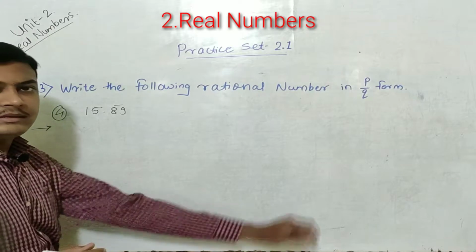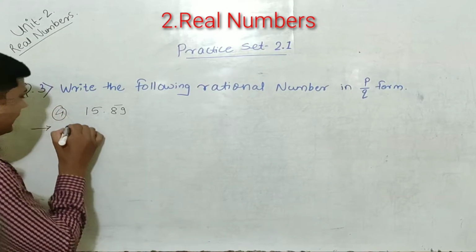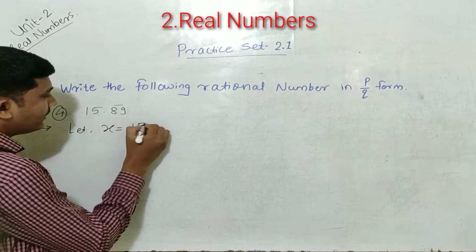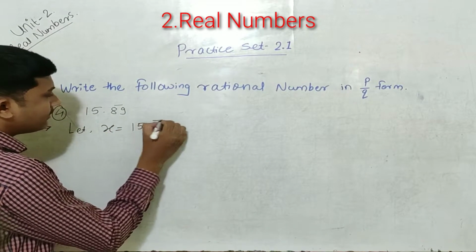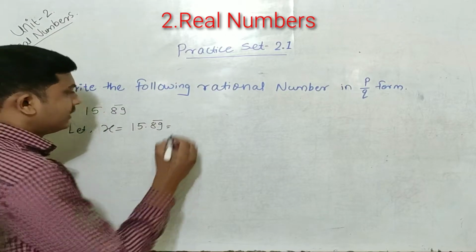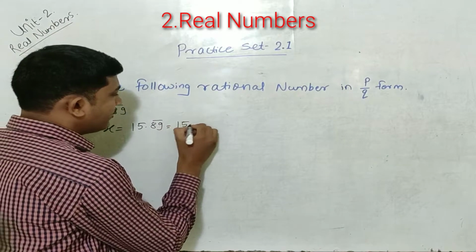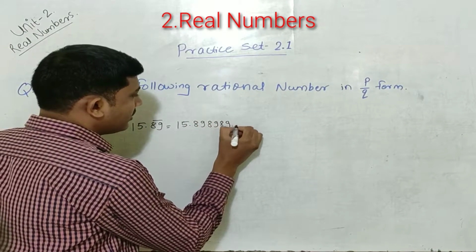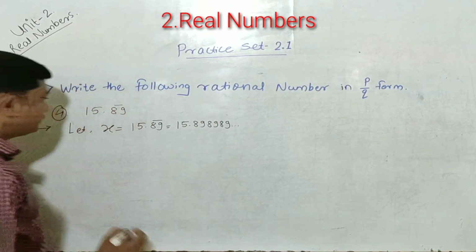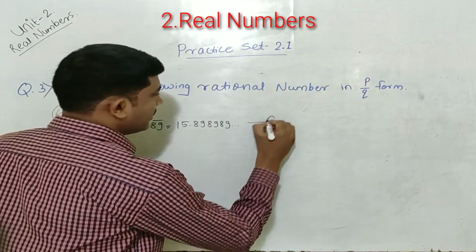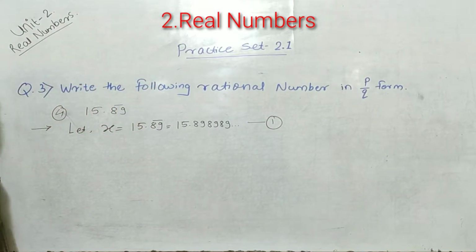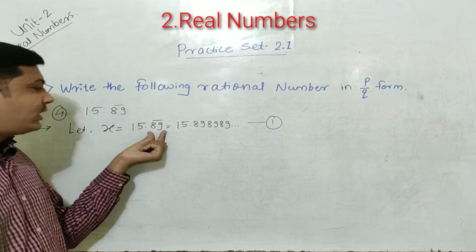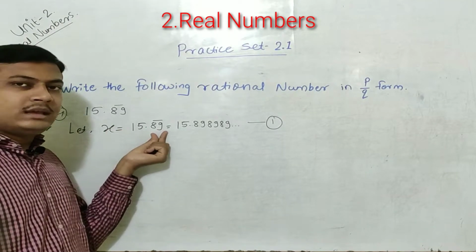As per the rule, let x equal 15.89 bar, or simply we can say 15.898989 dot dot dot as equation 1. Now what is the next step? Here two digits are repeated after the decimal point, so we have to multiply it by 100.